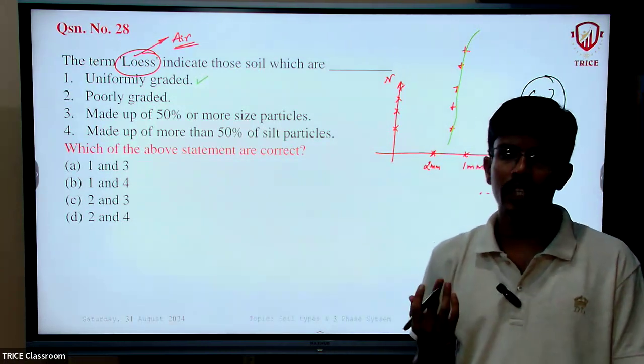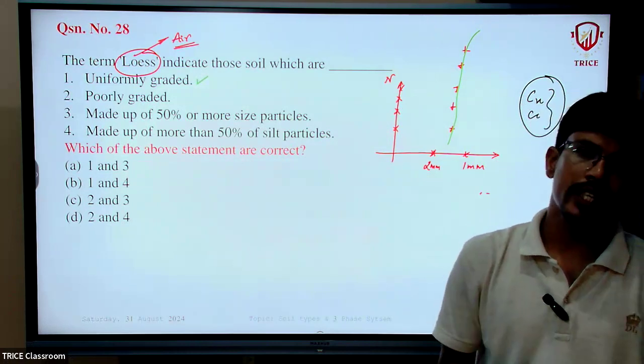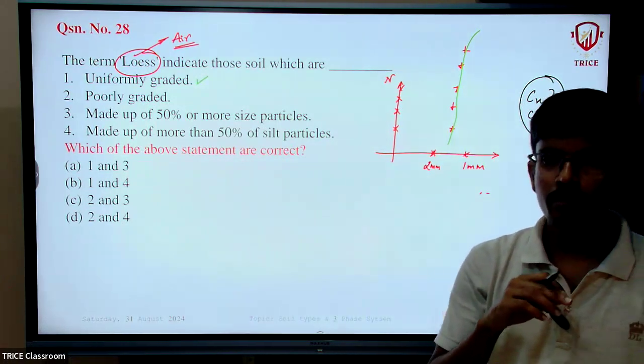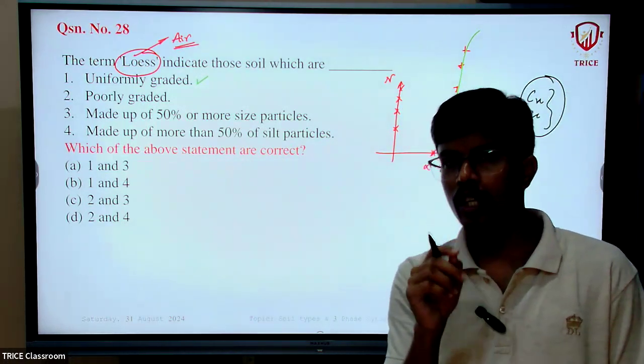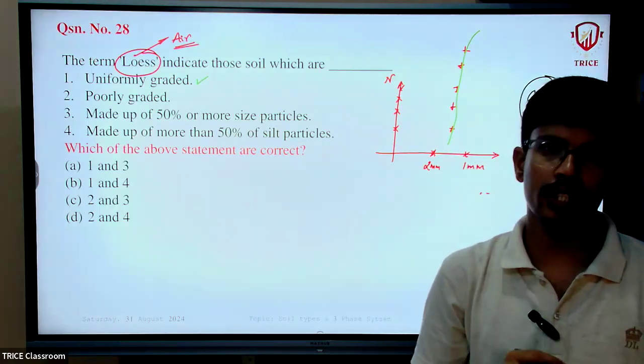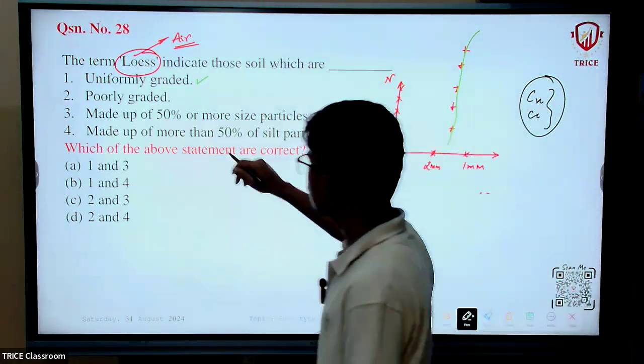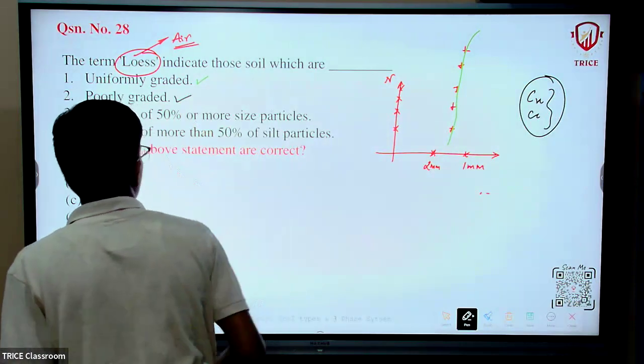When you say quality, we have either well graded or poorly graded soils. To decide that, the symbol W or P, we require the coefficient of uniformity and the coefficient of curvature. Okay. So for this condition, we know that it is poorly graded soils.